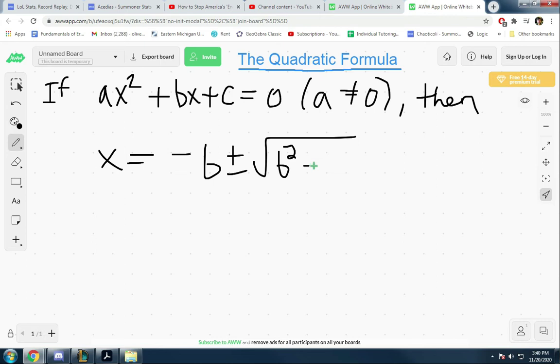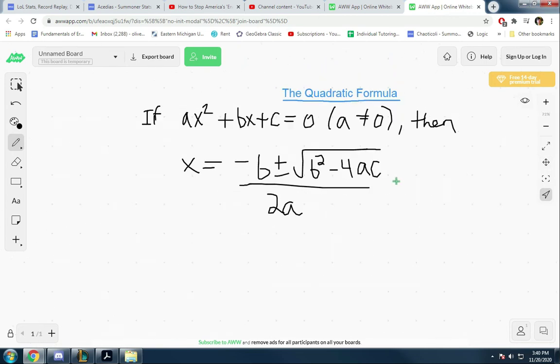Negative b plus or minus the square root of b squared minus 4ac, and then this is all over 2a. So this is the quadratic formula.